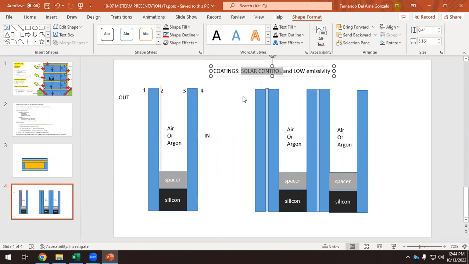If we are in hot countries with a lot of sun hours and high outdoor temperature, we will use the solar control coating, because basically it's like a sunglass. In a very warm country we have a lot of solar heat, and we don't want that. So we need sunglasses.